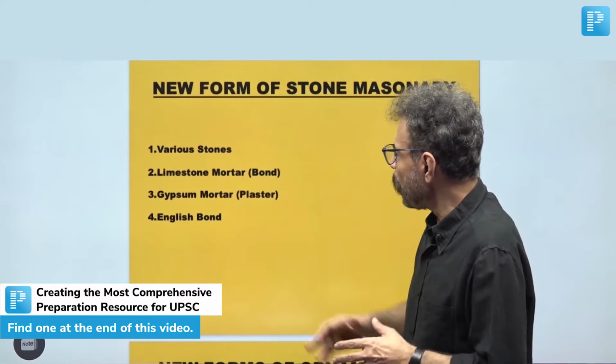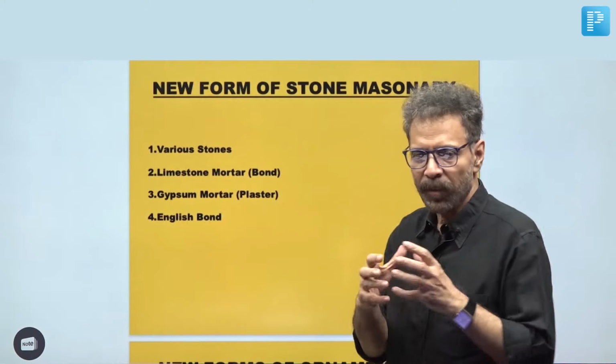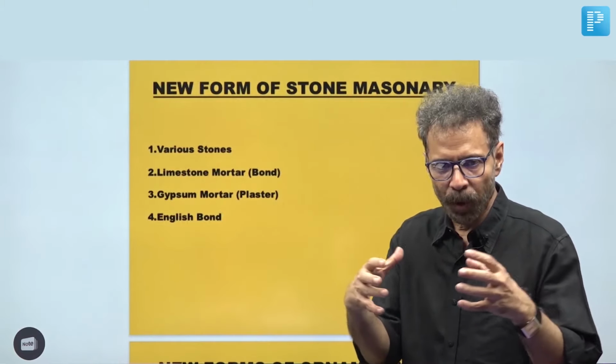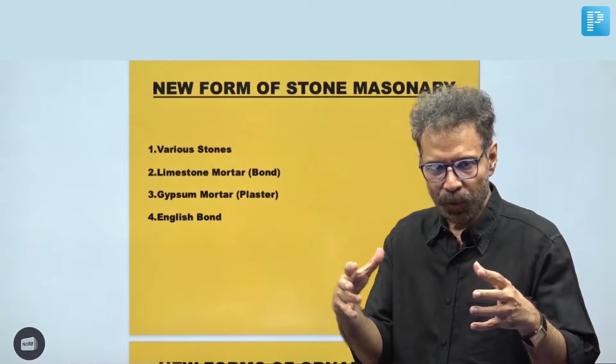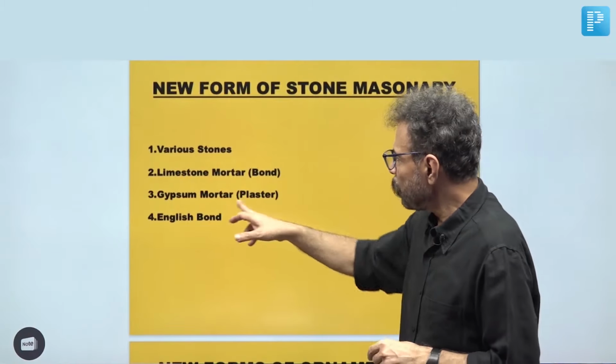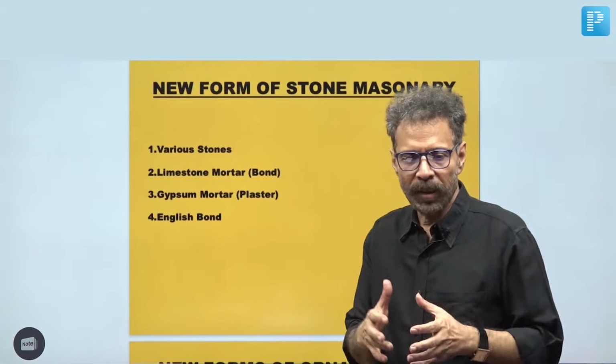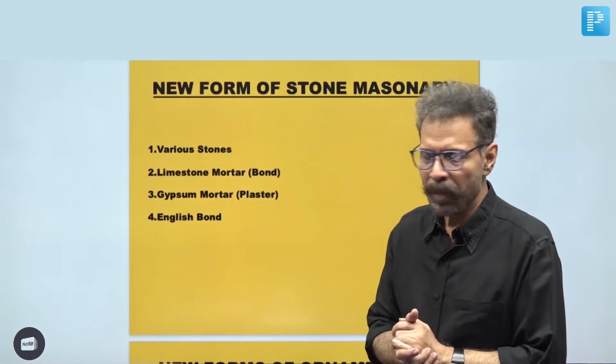2. Limestone mortar. This is a cementing material used for creating a bond among the stone pieces. 3. Gypsum mortar, the cementing material used for plastering.